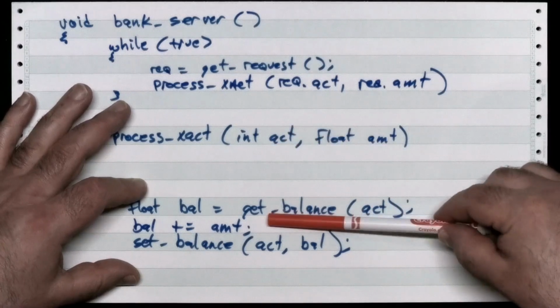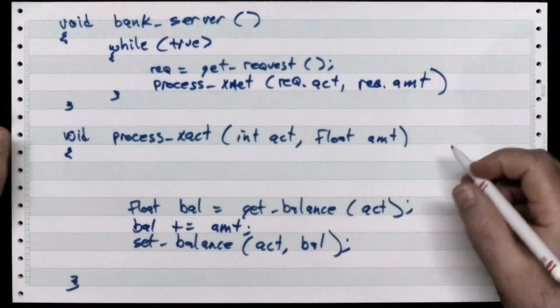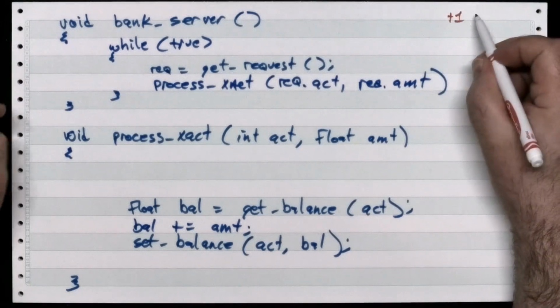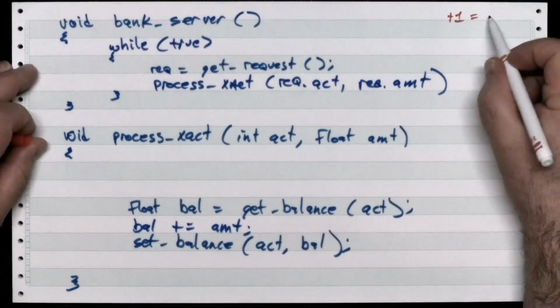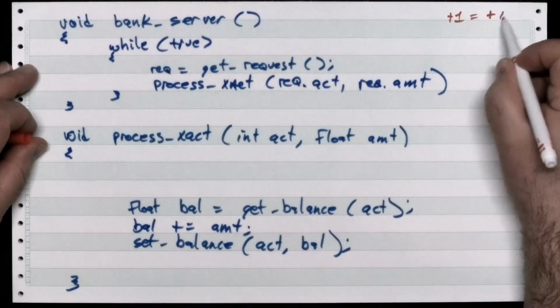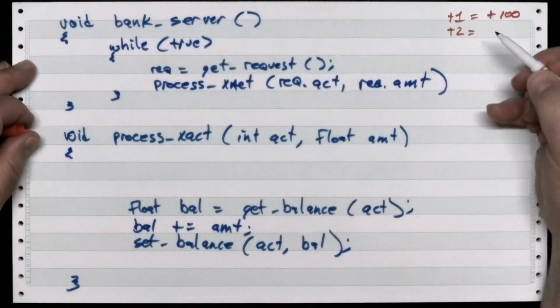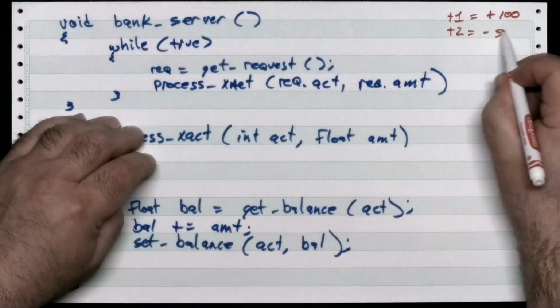When it gets down here, let's look and see what happens. Let's say thread 1 gets the deposit that you might be putting in online, so a plus $100 or something. And thread 2 gets the information about a card swipe at the store where they spent maybe $50, right?